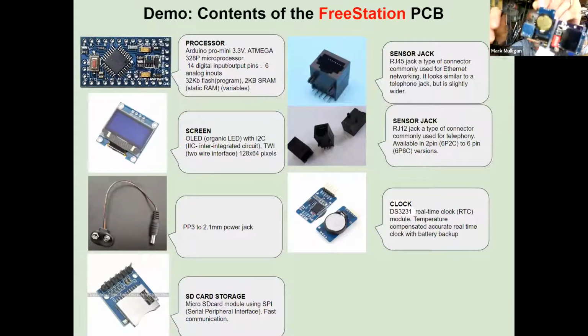On the other side you can see a battery that is a real-time clock that keeps the time once it's set. It has a small screen, which we call an OLED, and it has an SD card for writing data to. The Arduino versions are cheaper to build, but they don't connect to the internet. They write everything to an SD card, which you then have to connect to your computer.